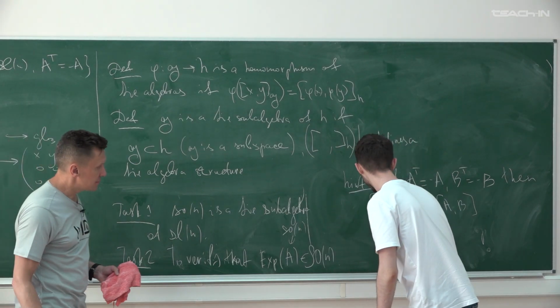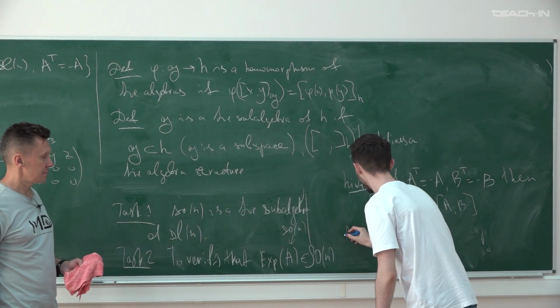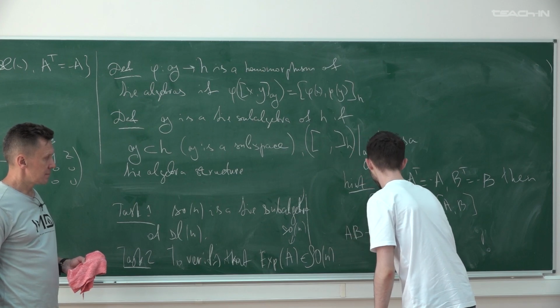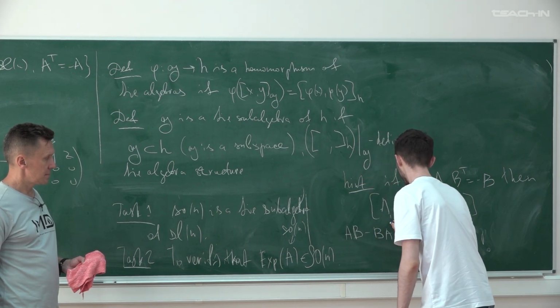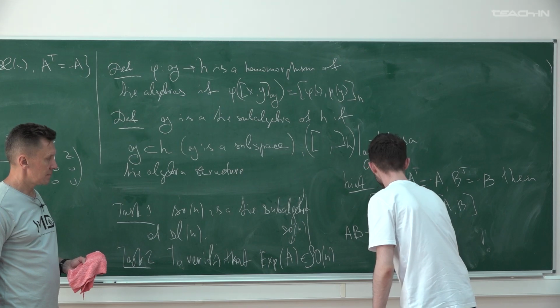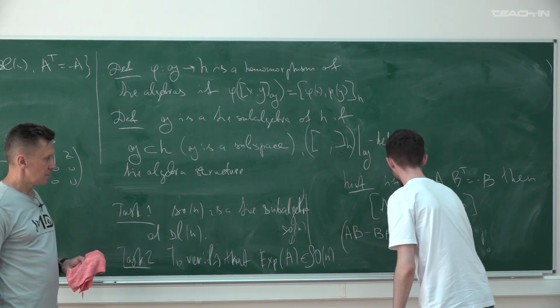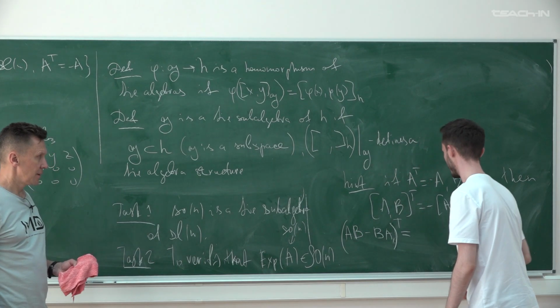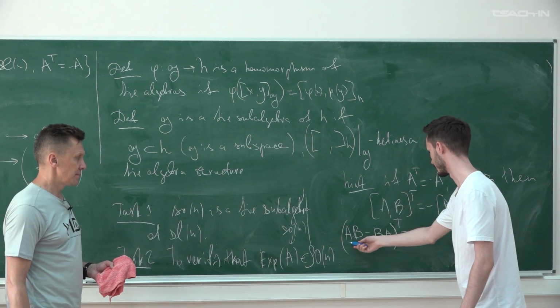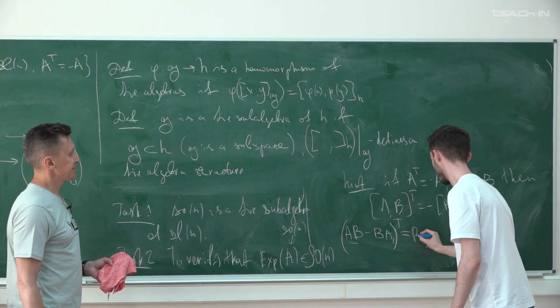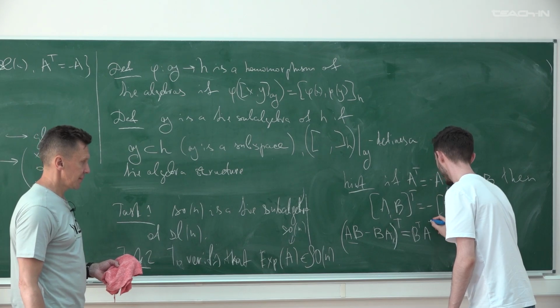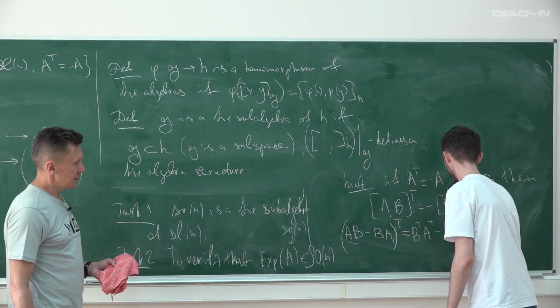Write the definition of the commutator. So it's AB minus BA. Transpose it. Then we apply the transposition to this, and it's B transpose A transpose minus A transpose B transpose.